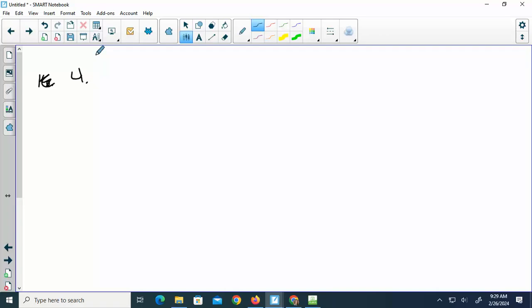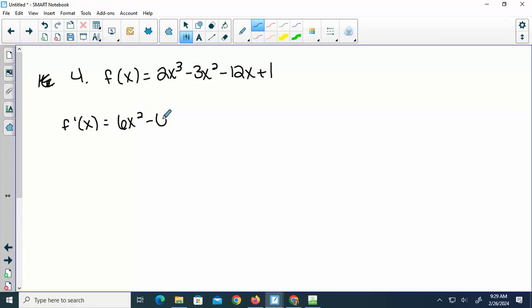Alright, so number 4, absolute max and min. That means we need our critical points. So we do our derivative. That would be 6x squared minus 6x minus 12. Take out a 6.